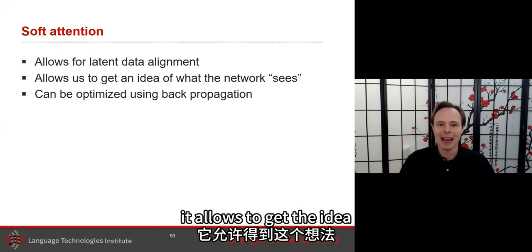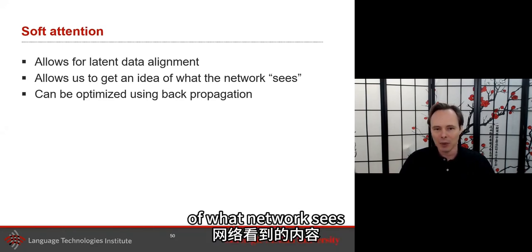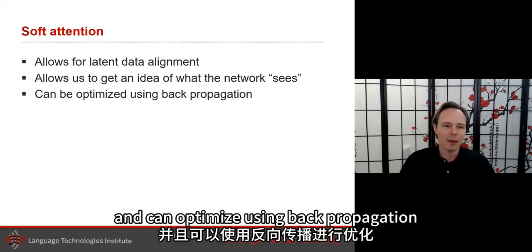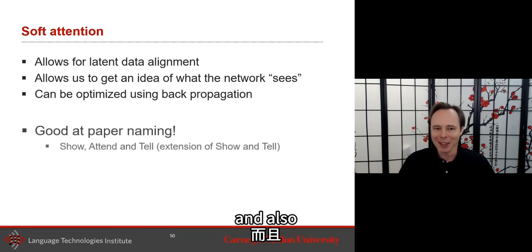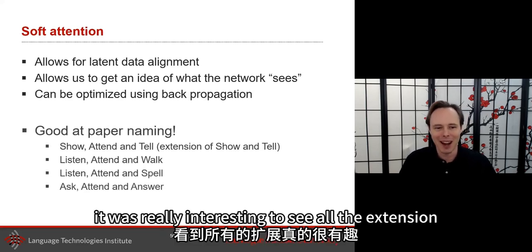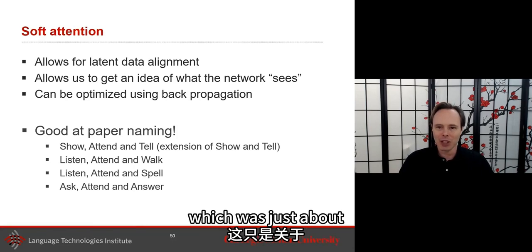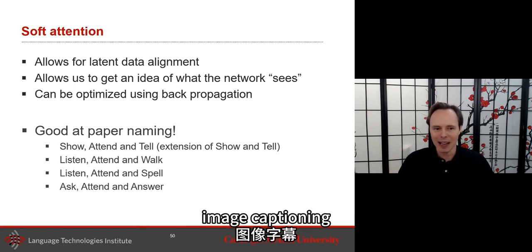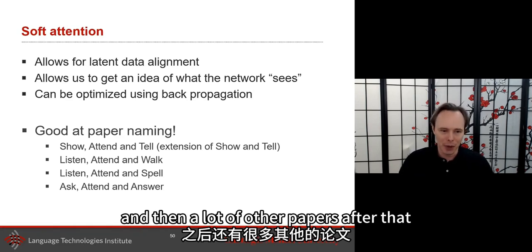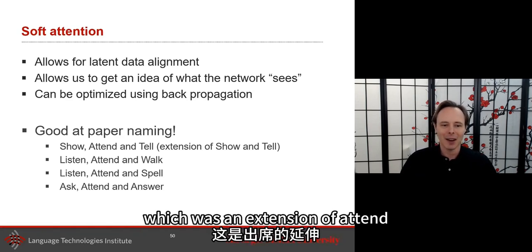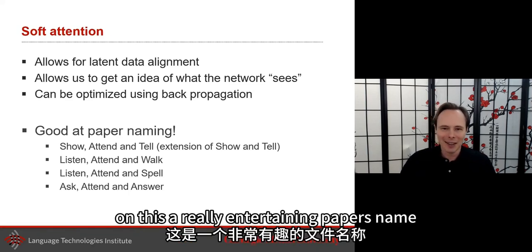It allows us to get the idea of what the network sees and can optimize using backpropagation. And also, it was really interesting to see all the extensions. There was the initial paper about Show and Tell, which was just about image captioning, and then a lot of other papers after that, which were extensions of Show, Attend and Tell. So really entertaining paper names.